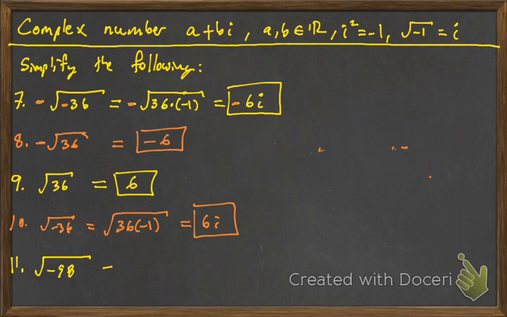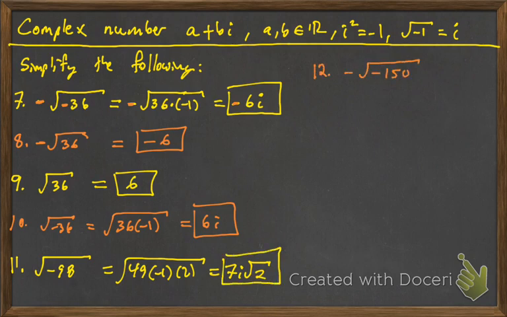So we're going to write it as follows. It's going to be equal to the square root of 49 times negative 1 and then times 2. And so we can see what all the parts are. The square root of 49 is 7. The square root of negative 1 is i. And we don't know what the square root of 2 is, so sorry, 2, you just got to stay in the square root.